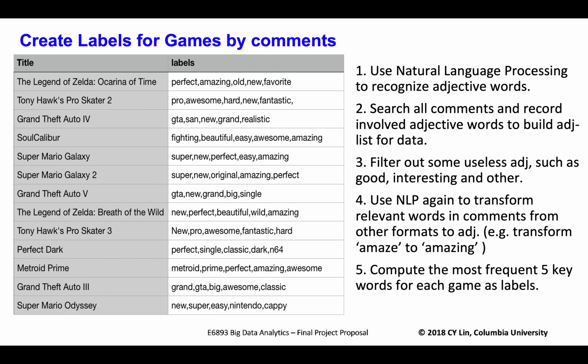Thirdly, we filtered out some useless adjectives, such as good, interesting, and other. Then we used NLP again to transform relevant words in comments from other formats to adjectives. For example, we transformed amaze to amazing. At last, we computed the most frequent 5 keywords for each game as their labels.